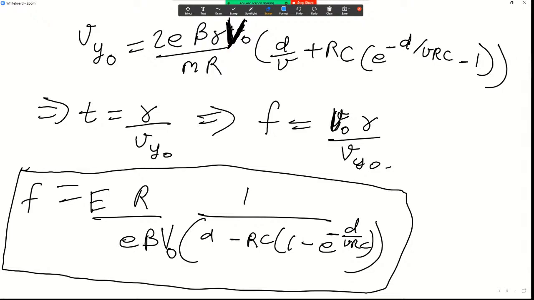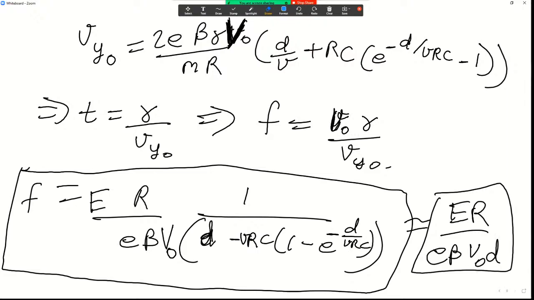Yes, that's my question also. Because they have said D over V is comparable. So if the answer is this, then they have neglected the exponent term. Chat, can you verify if this is the correct answer of focal length or not?